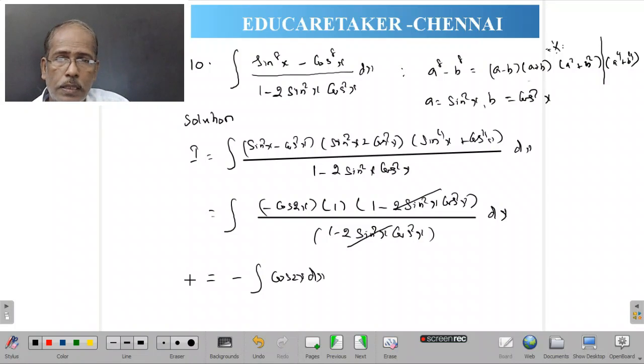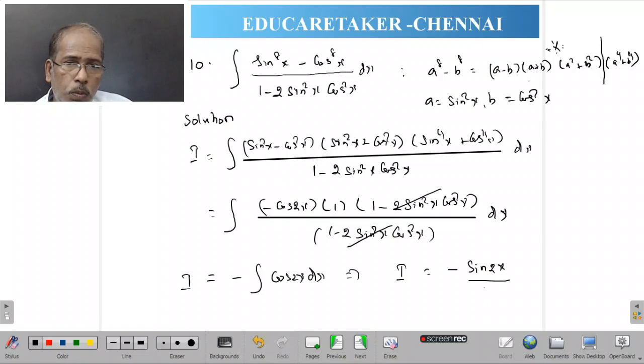This implies I will be equal to the integral of cos ax, which is sin ax by a. So the final answer is minus sin 2x over 2 with the integral constant.